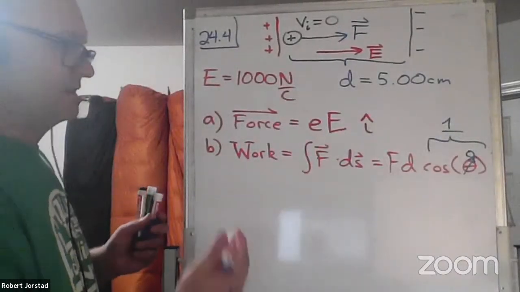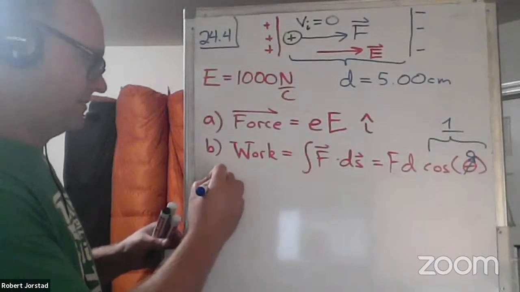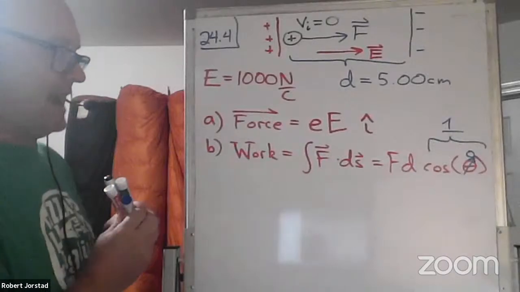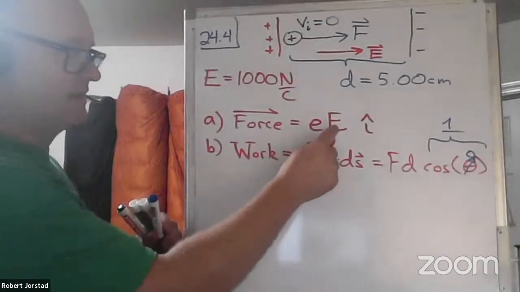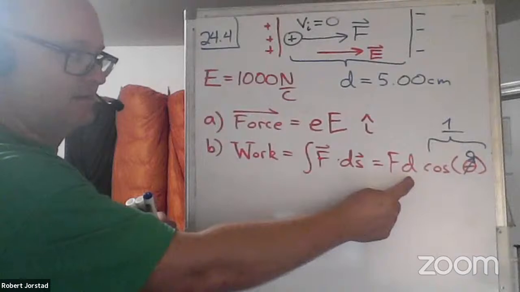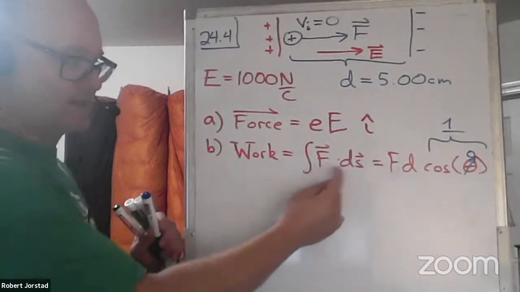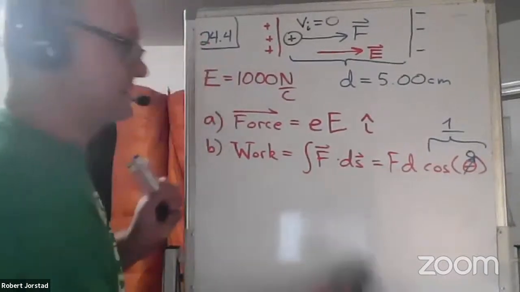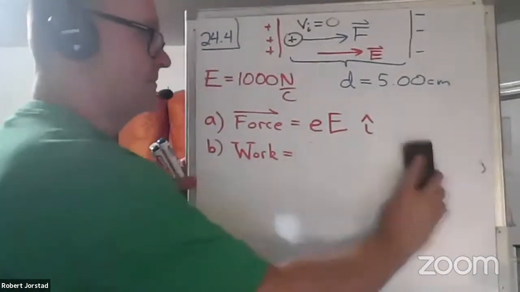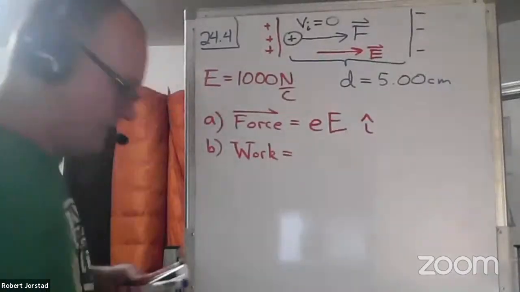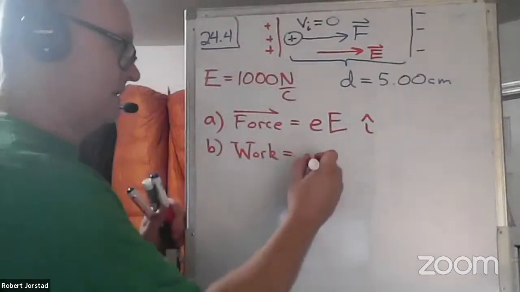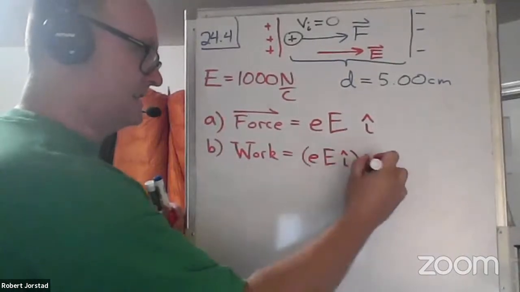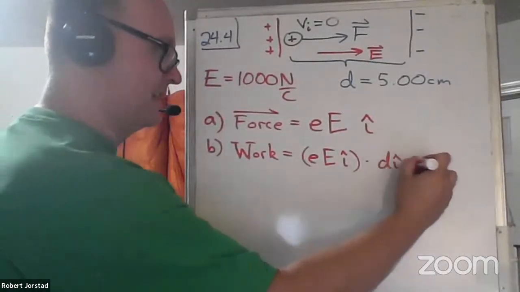So in this case, oh, whoops, this is still part B. I think if we work all this out, shouldn't it be E times D? The i hat will go away because there's a dot product. We no longer have a vector. So after all of this, this should just be E in the i hat dotted with D in the i hat.